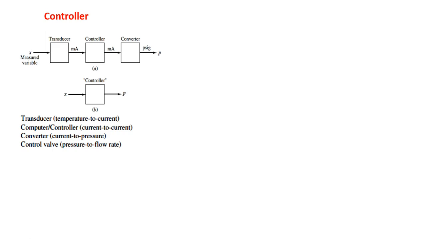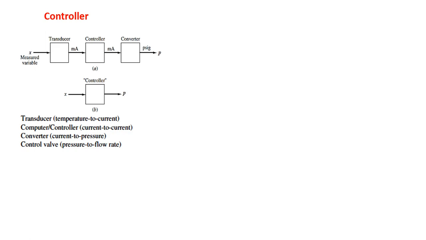Now the controller takes that current with the help of a controller algorithm and produces another output in terms of current only. That current is accepted by the converter. The converter converts that electric signal into a physical mechanical signal. That mechanical signal is then fed into your final controlling element, that is the control valve.